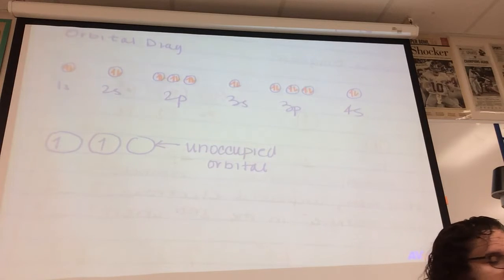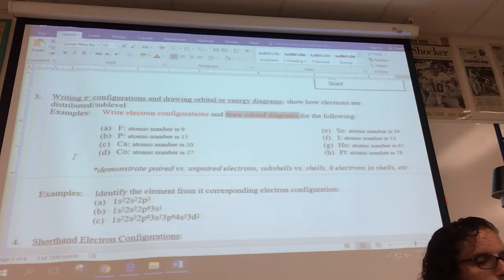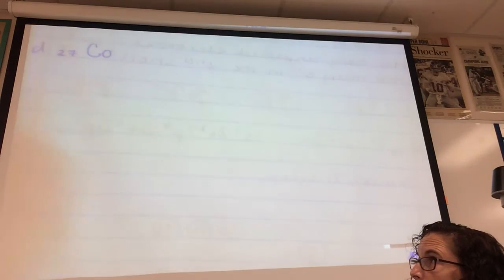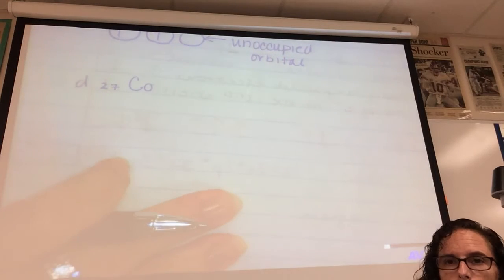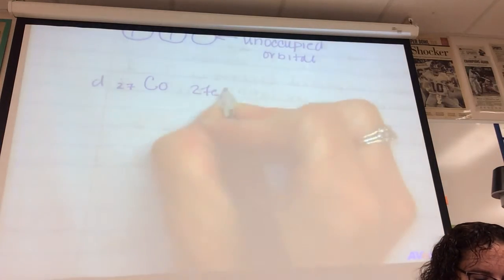All right, let's do D together, and then I'm going to let you try a couple. D is cobalt with an atomic number of 27. 27 electrons.